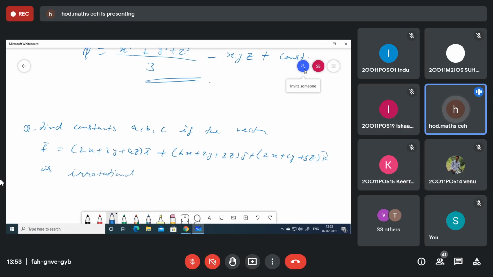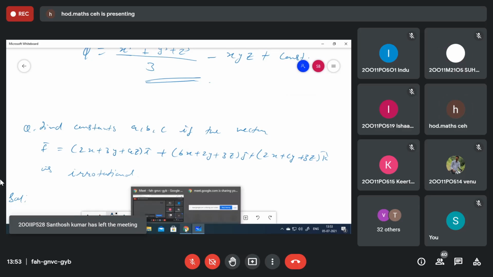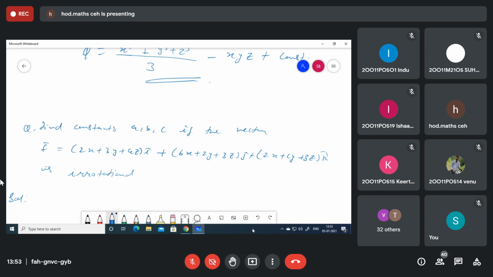So calculate and tell me the answer. Find the constants a, b, and c if the given vector is irrotational. The condition is given to you.